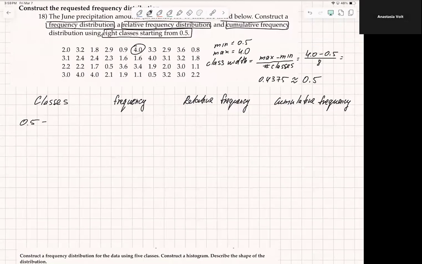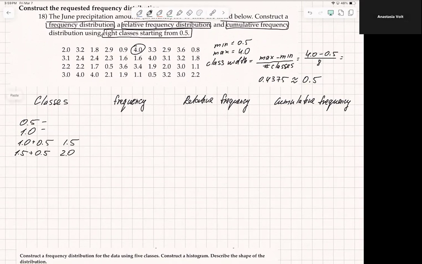So the next lower limit for the second class would be 0.5 plus the width, right? It will be 1.0. The next lower limit would be 1.0 plus 0.5, so that's going to be 1.5. The next would be 1.5 plus 0.5, which is just 2, right?